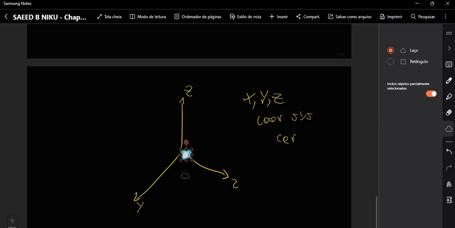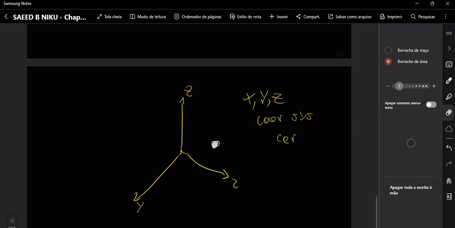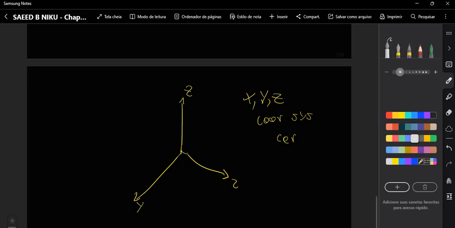But for a rigid body, let me draw a rigid body. It can be a cube, I don't know.